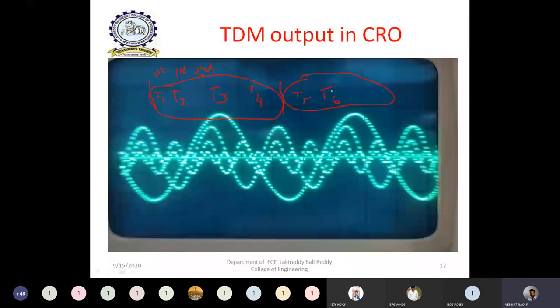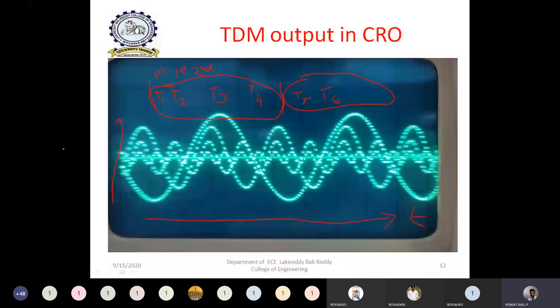So if you observe, this signal is a single waveform with a time axis and some amplitude. If you observe the amplitude axis, we can easily see a number of samples mixed together, so it is treated as a single signal, and this single multiplexed signal is transmitted in a channel.